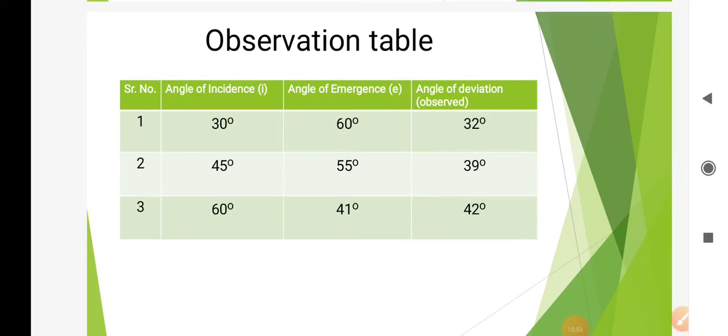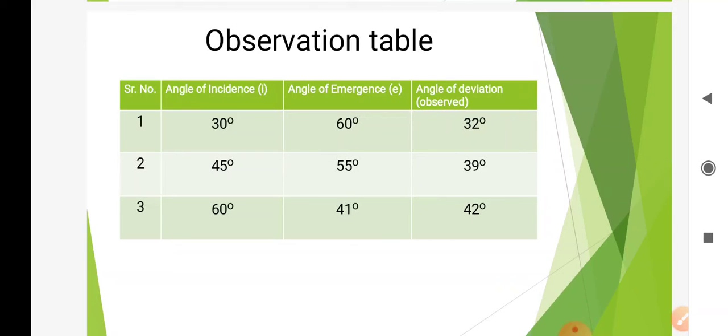After the actual practical, the observation table that we have taken is for 3 different readings. It is for angle of incidence 30 degree. So I got angle of emergence, which is 60 degree, and angle of deviation that I found is 32 degree. Now these are what? The observed values experimentally.